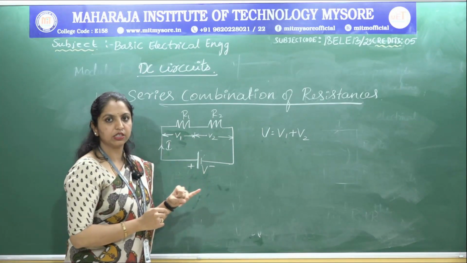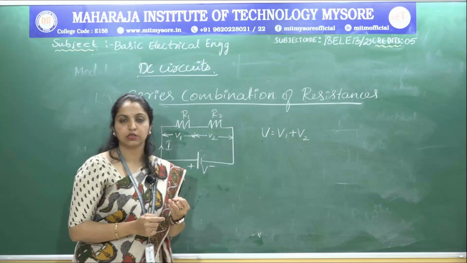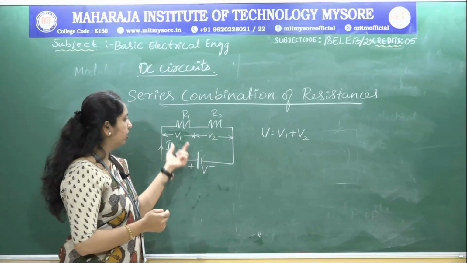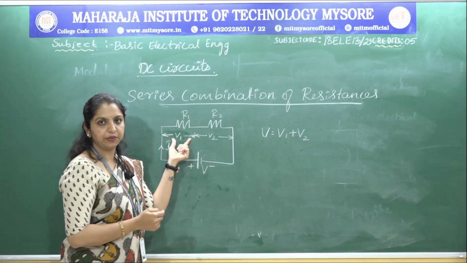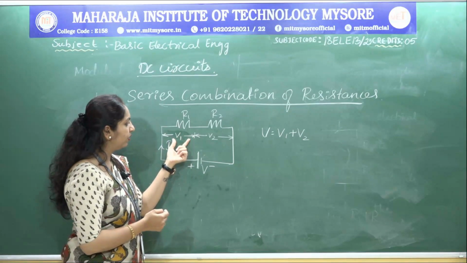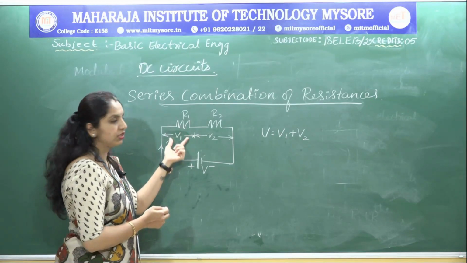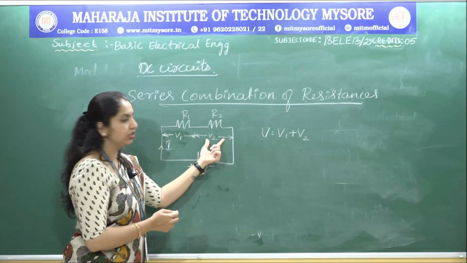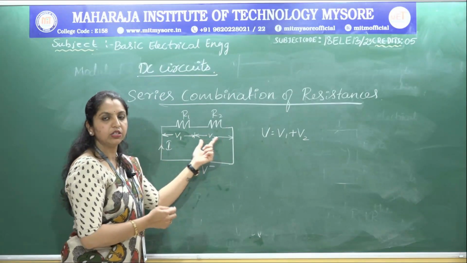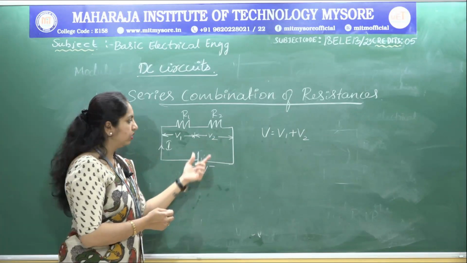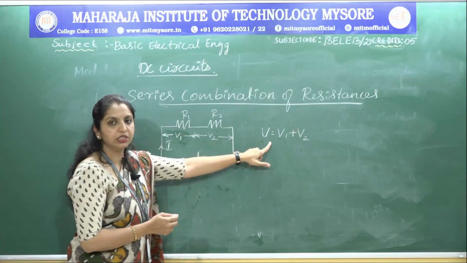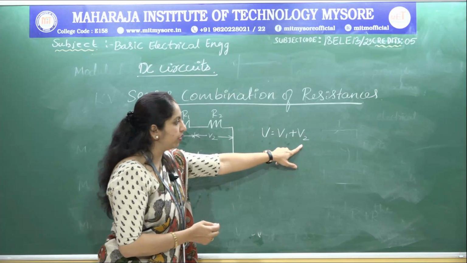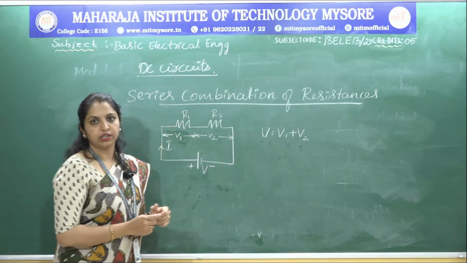And the second characteristic is that the voltage gets divided, because V1 you find across this R1, and V2 we find across this R2. So voltage gets divided, and based on this we can write V is equal to V1 plus V2. This is the second characteristic.